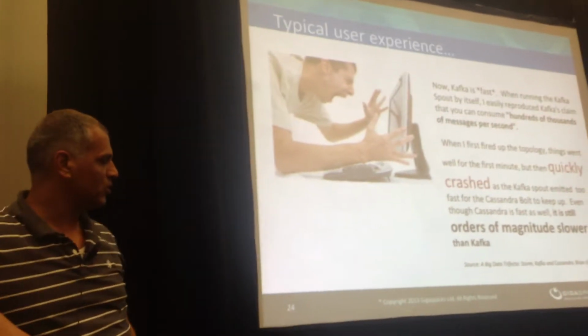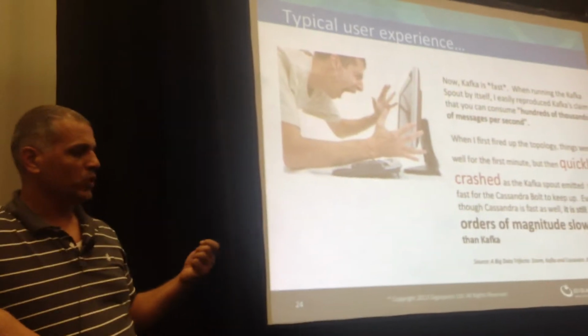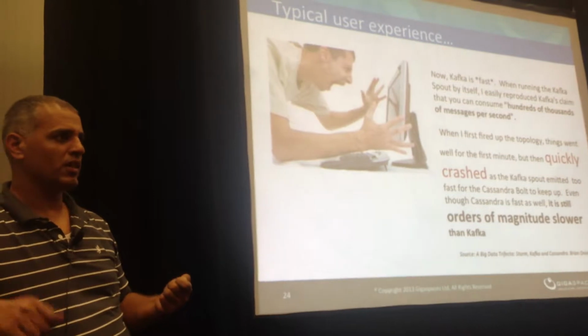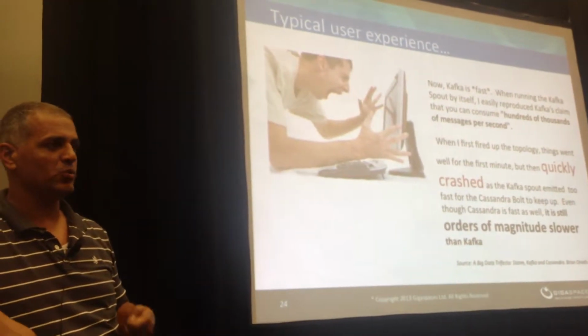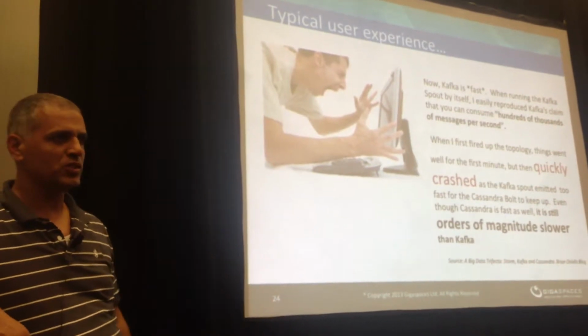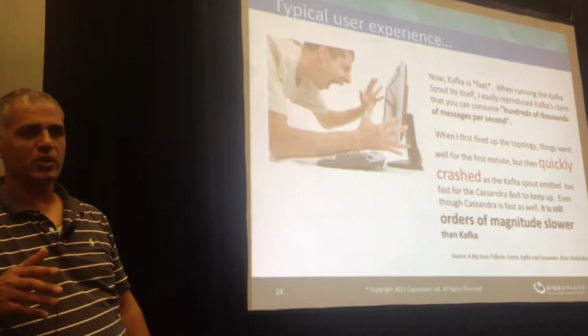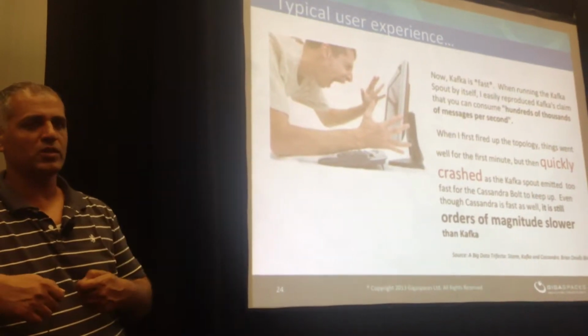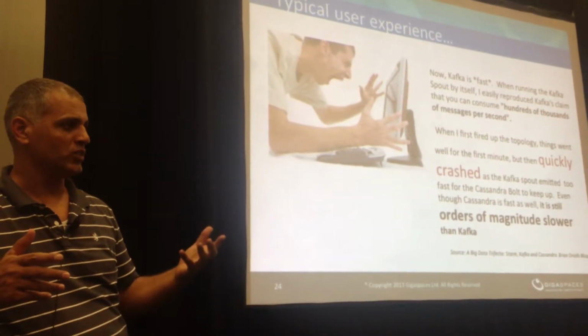But this is a very typical scenario in any event system, by the way. Not excluding Storm. What we see is that people are plugging Kafka and Cassandra together. Looking at the Kafka webpage, Kafka would say, well, we can do millions of events per second. We're the fastest messaging system in the world. Cassandra would give a benchmark that shows that they can do millions of operations a second. You plug them in together, and the system crashed.